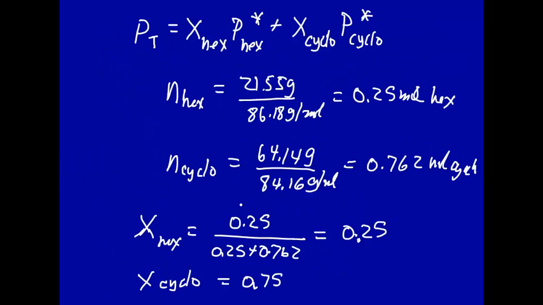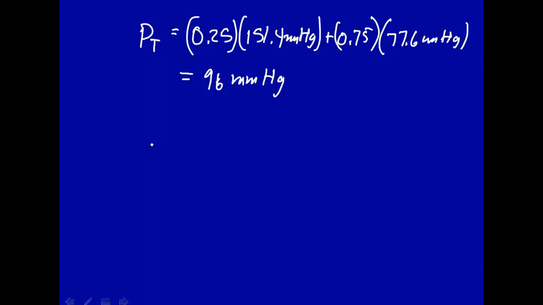So I'll just write that equation, sort of translate it. 1 will be hexane, and 2 will be cyclohexane.